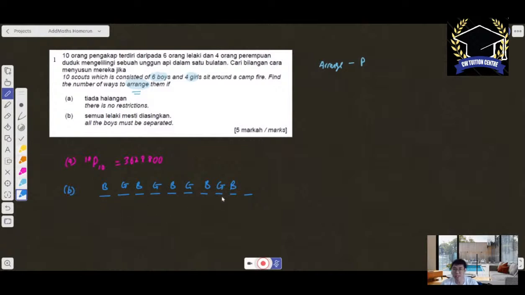All the boys are separated, but this one is not separated. Let's see, 6 boys and 4 girls. Okay, yeah, you cannot separate all the boys. Only 2 boys will be together. All the boys must be separated, but I don't think the boys can be separated here.